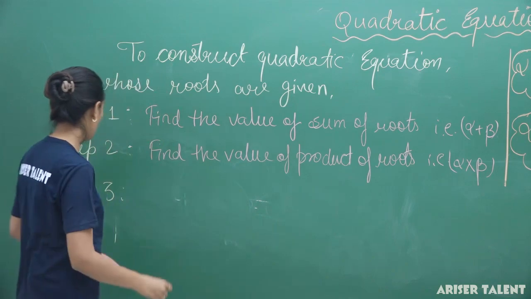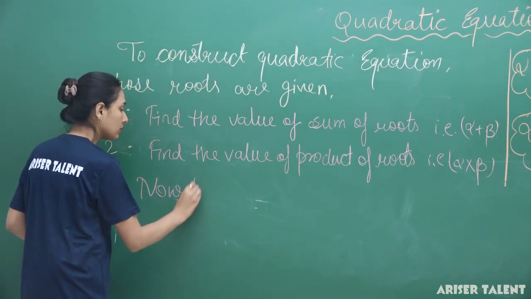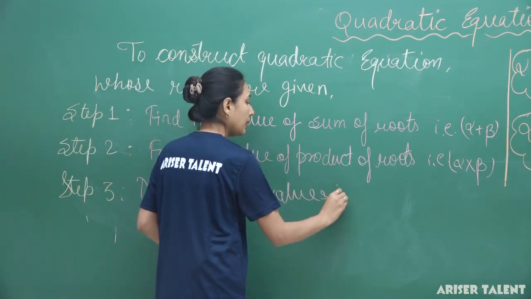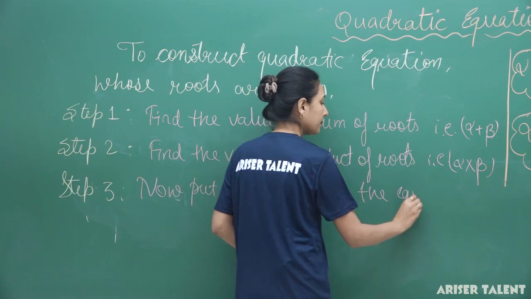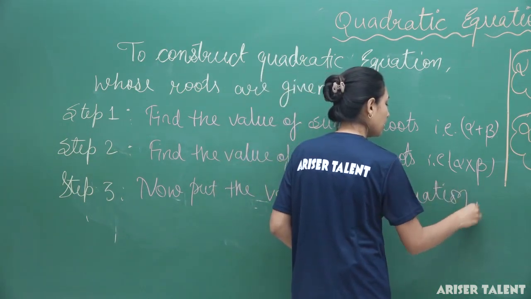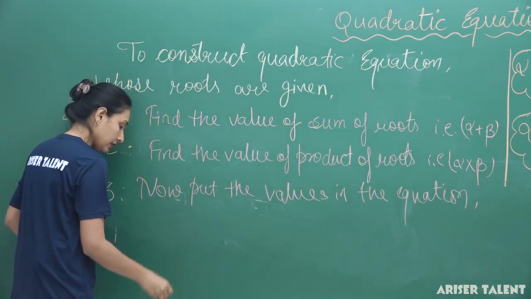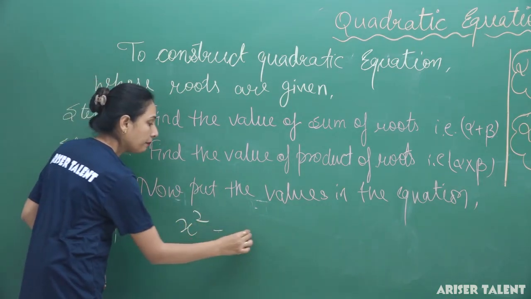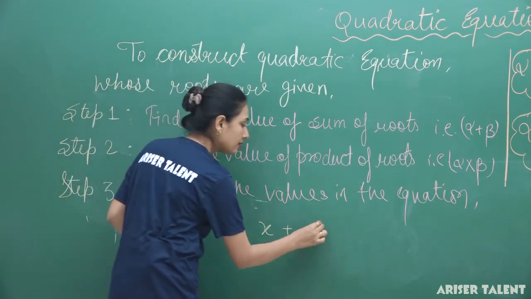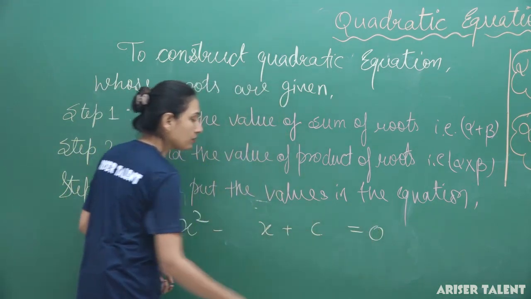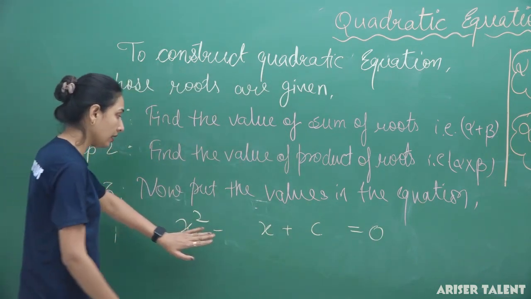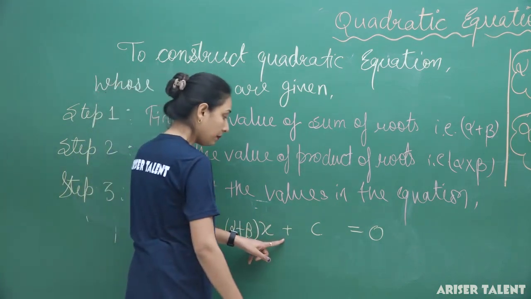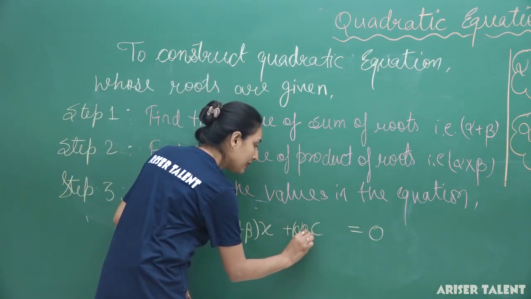Now put the values in the equation. Which equation? Here, x square minus (alpha plus beta) x plus alpha multiplied by beta equals 0.